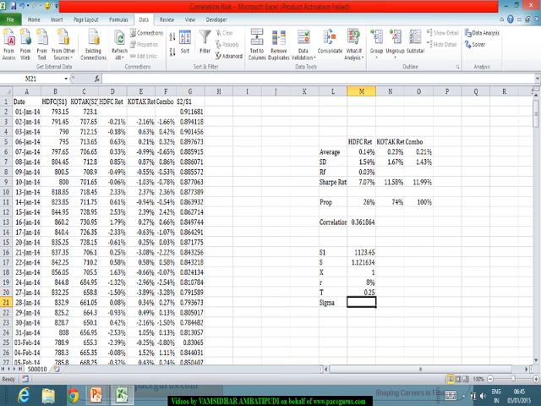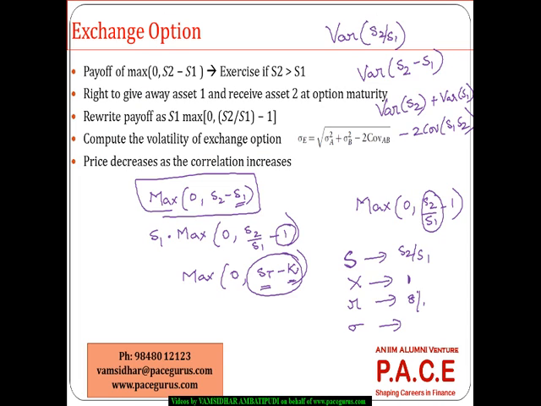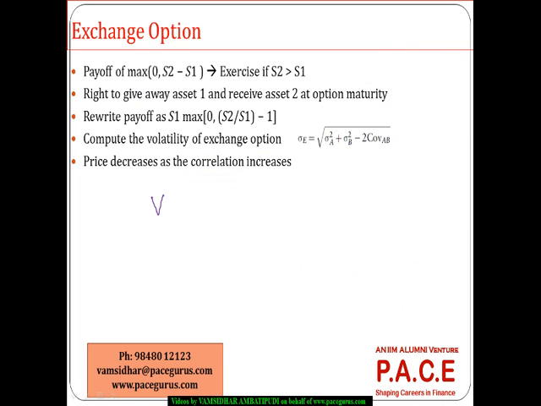Now what I'm saying is I can take the volatility of, if I want the variance of S2 by S1, it's same as the variance of S2 by S1 minus 1, and it is also same as variance of S2 minus S1 divided by S1, right? Because we are simply expanding it.